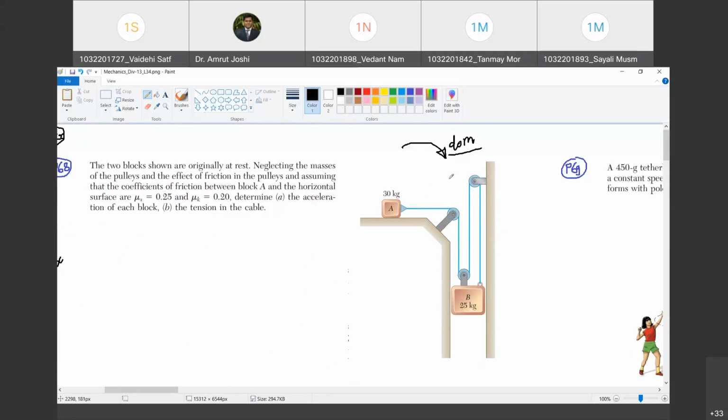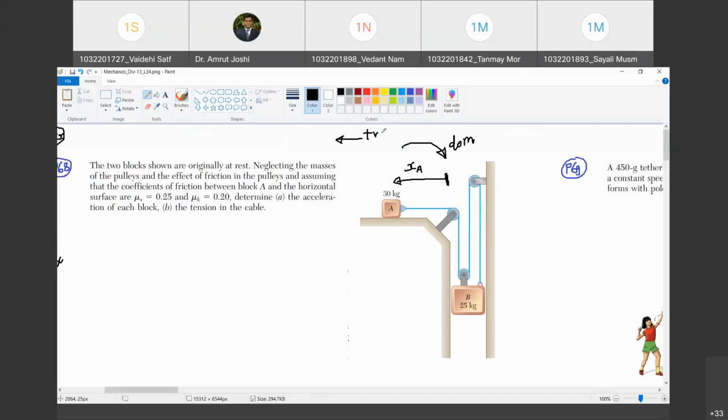Let us take this point as a reference. Happy? Yes, sir. Then I am going to call this XA. The moment I say that, all the quantities directed towards the left are positive.